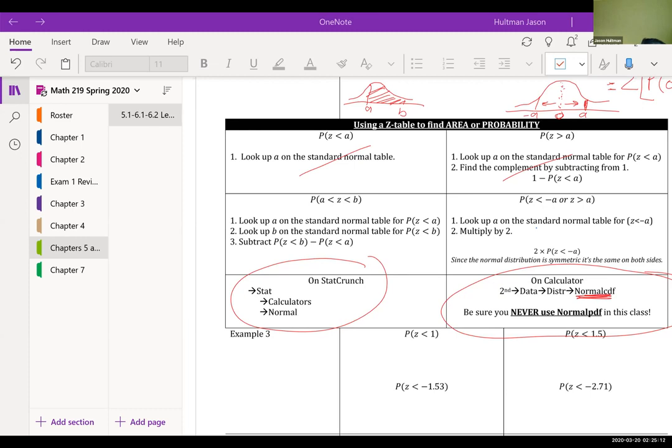Where's my StatCrunch? There it is. Can you guys see my screen? Can you see my StatCrunch? No, you can't see it? Okay, thank you. Let me do a new share. Here we go, screen share. You see it now?